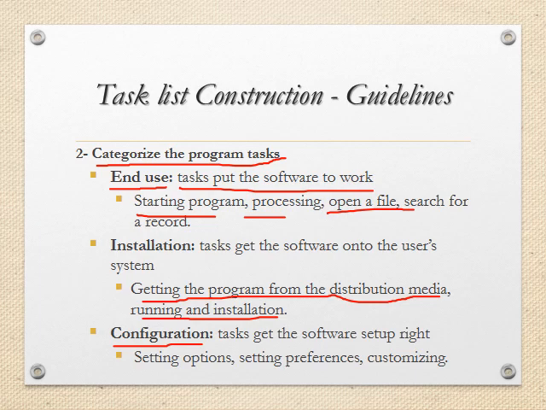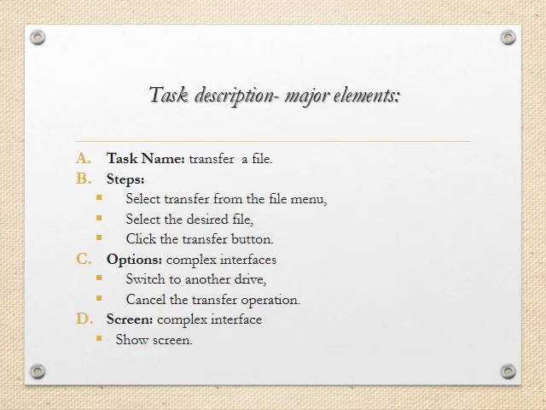The tasks that allow us to maintain security and safety are related to configuration and can be put under the configuration category. For example, setting options, setting preferences, customizing the software. All of these are related to configuration.